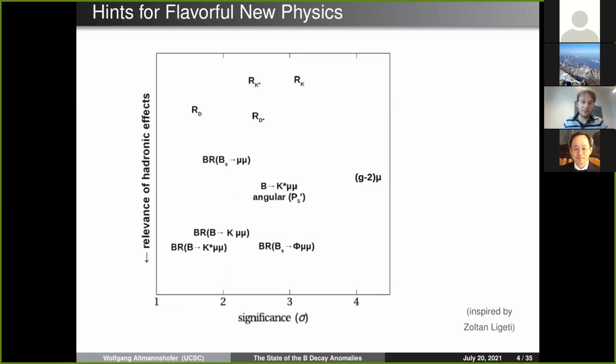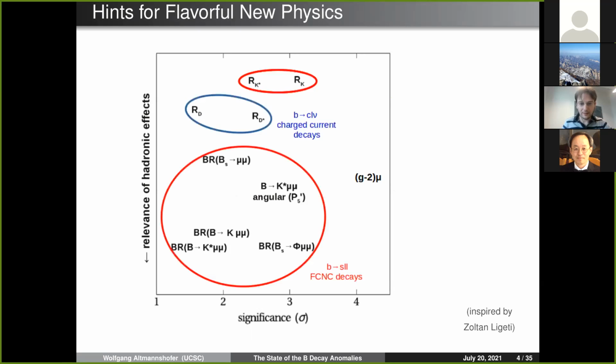In some sense you can think of it as how much you can actually trust these sigmas on the x-axis. And there are various classes of processes listed in this plot. Up here we have Rk and Rkstar. These are lepton flavor universality ratios.